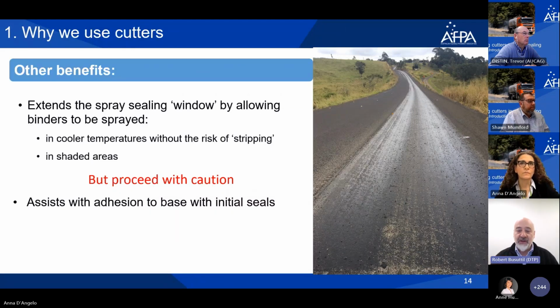So we reduce the risk of stripping. Now, we don't eliminate the risk of stripping, so it's just something to be mindful of, and we'll get to that. But when we have cooler temperatures, we're going to add a little bit of cutter to assist with that binder wetting the aggregate.